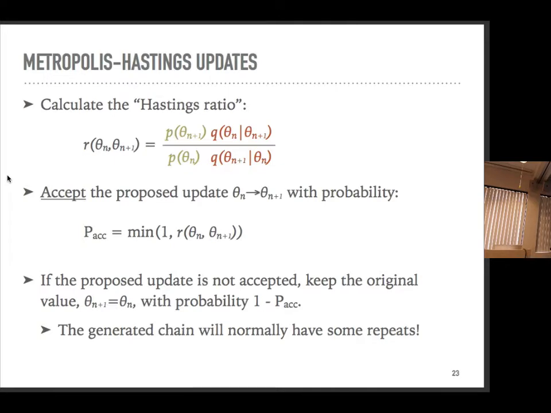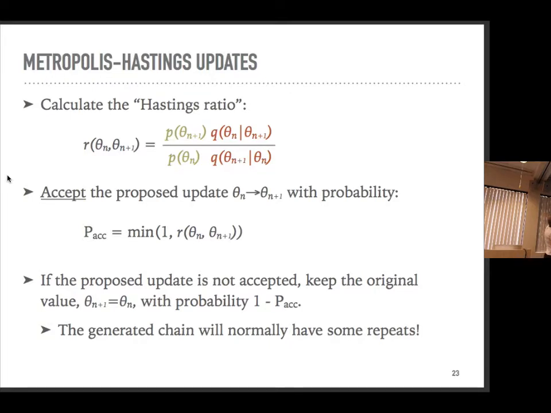We need to know the probability Q that we sampled from, and notice it appears twice. We want the probability of going from n to n plus 1, and we also have to calculate the probability of the backward step from n plus 1 to n. And here we need to calculate the probability distribution that we actually want.